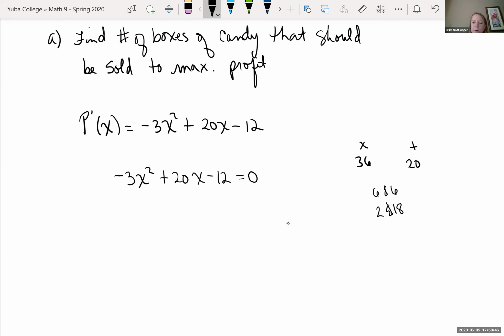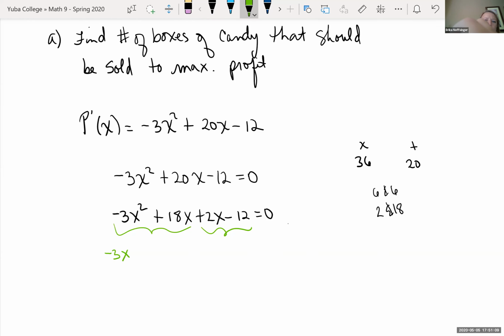Okay, so if I rewrote my middle term using those, I have -3x squared, 20x I'm going to write as 18x, so plus 18x plus 2x, minus 12 equals 0. So I did that so I can factor by grouping. I can pull a -3x out of the first two terms.